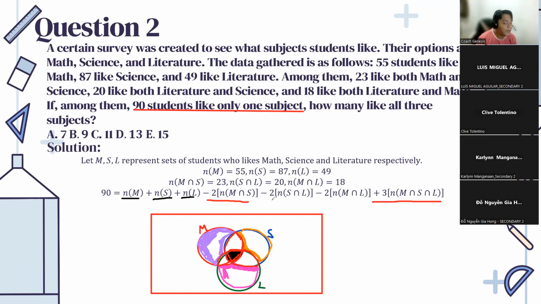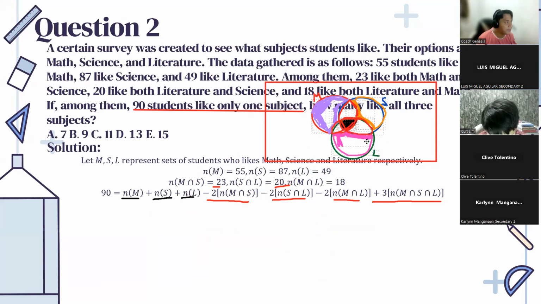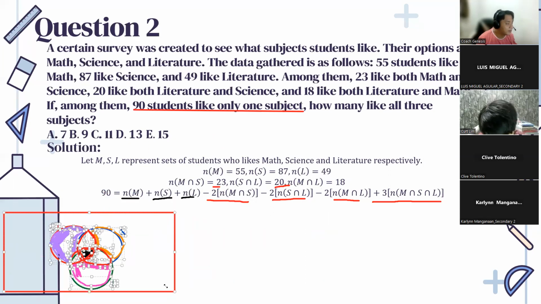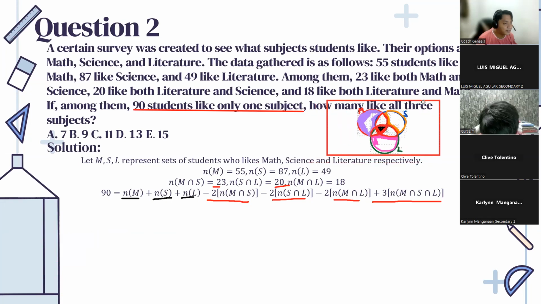Okay. After that, the next thing to do is to substitute the values. So you have n of M, which is 55, n of S, which is 87, n of L, which is 49, and 23, 20, and 18. When you substitute those values, let me just move the Venn diagram somewhere here.